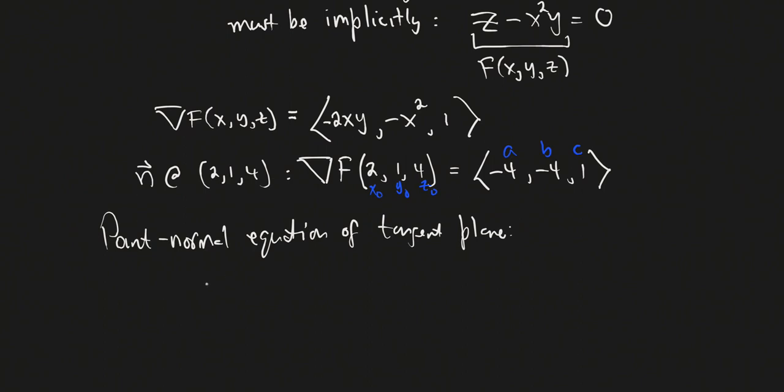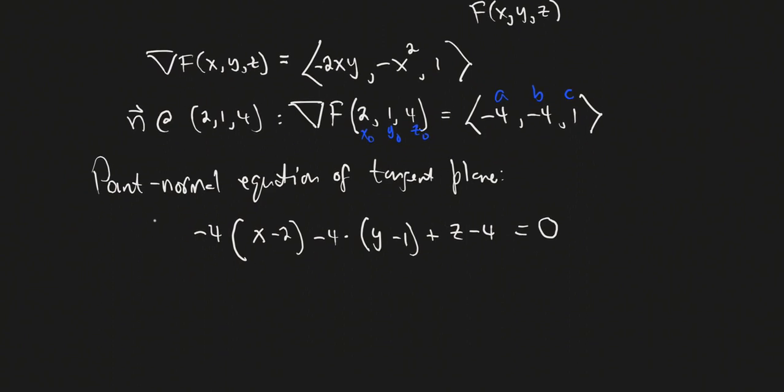So in this case, the point normal equation of the tangent plane is negative 4 times the quantity x minus 2, and then minus 4 times the quantity y minus 1, and then plus 1 times the quantity z minus 4. And then that has to be equal to 0, right? To get the equation of the plane, we have to have that equal 0 there, right?